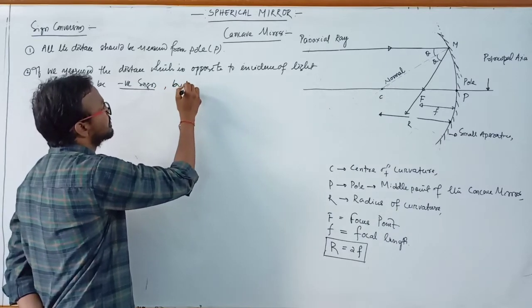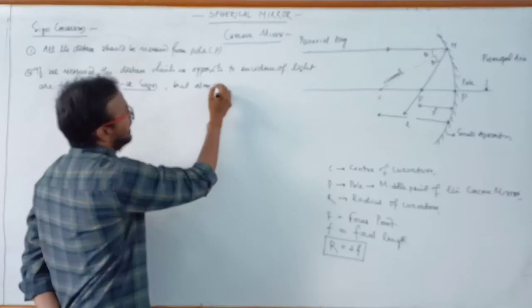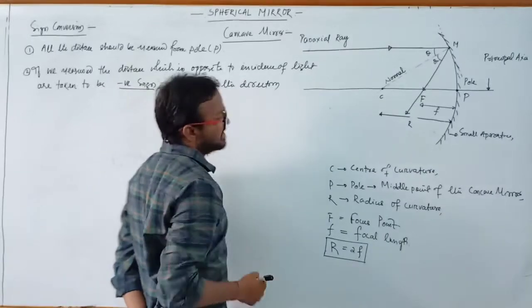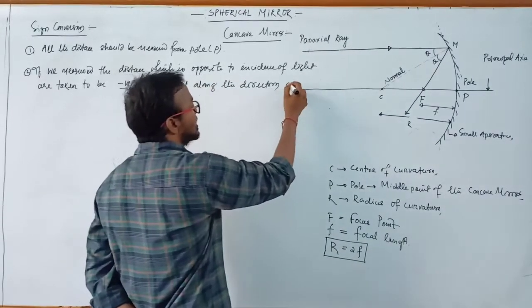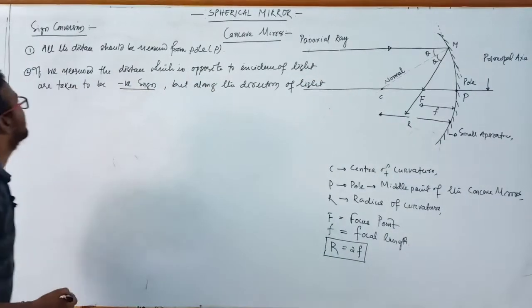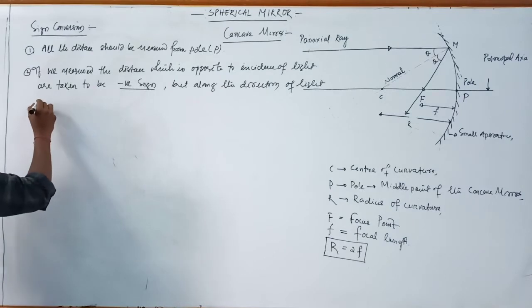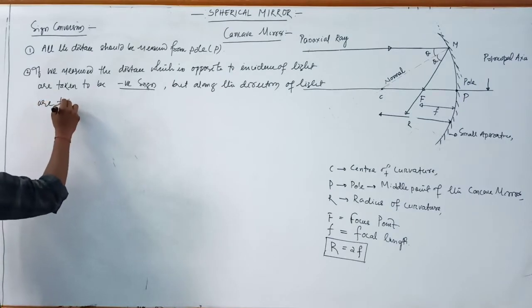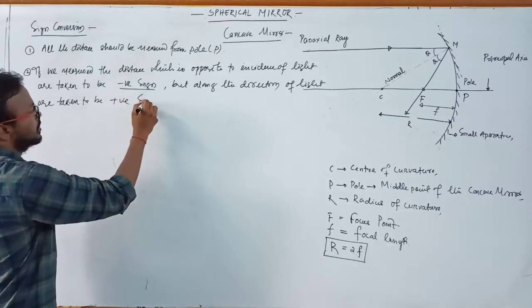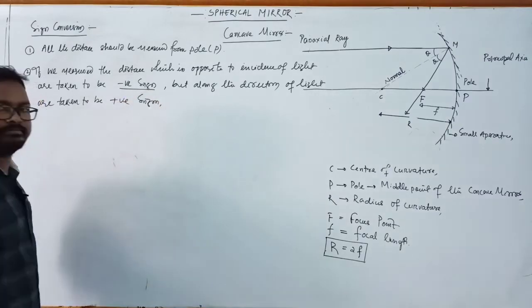But if we measure the distance along the direction of light, then it is taken to be positive.